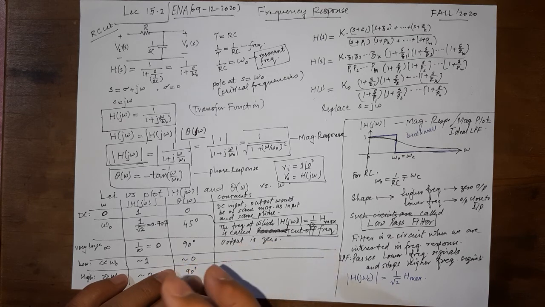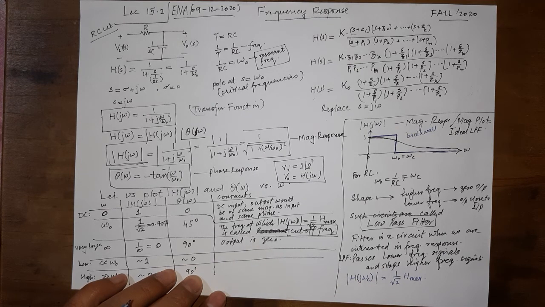So these are some new things that we are learning. We are learning about filters, about the frequency response. Now we are more interested in looking at the output, the change that the circuit is going to bring to the input if the frequency of the input is varied.